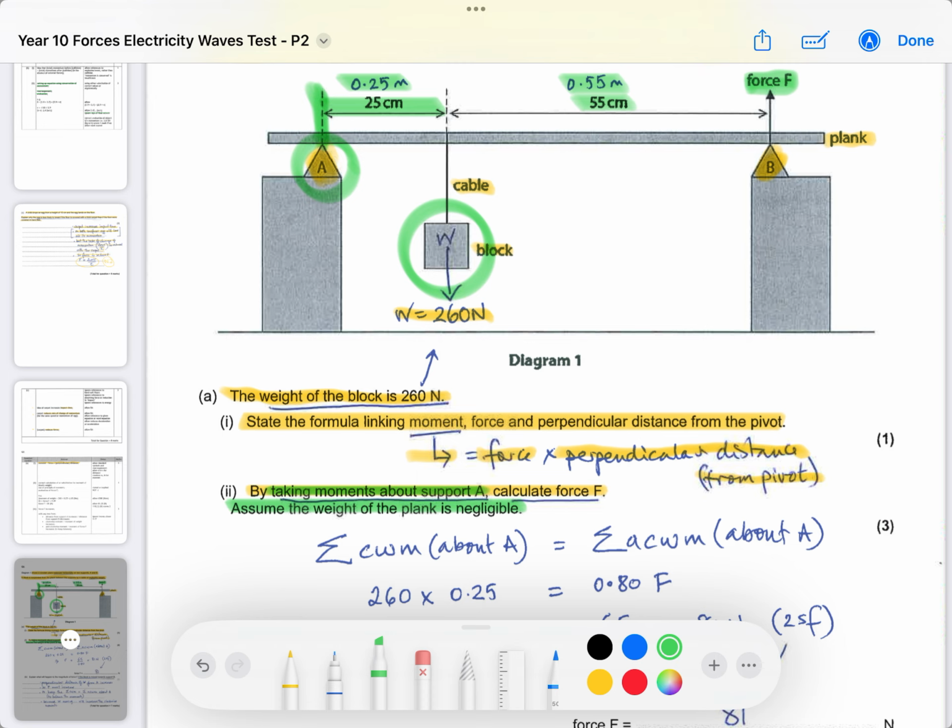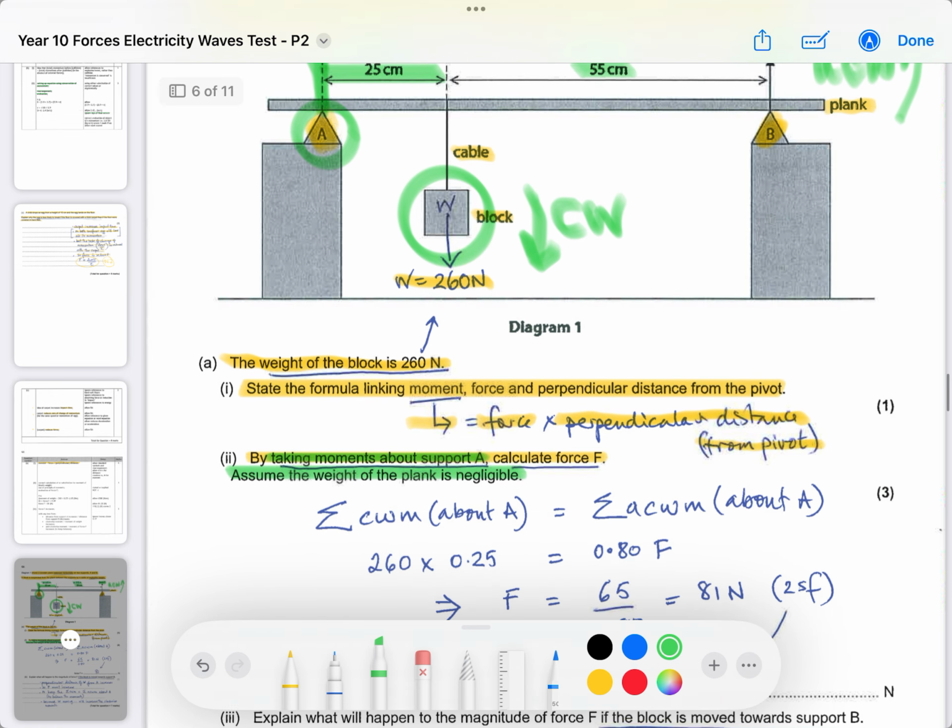So W is turning it clockwise, so I call it CW. And F is going anti-clockwise, if you know which direction an old-fashioned clock rotates in. Okay? So anti-clockwise. Remember, the center of the moments is A, so we're rotating around A. Okay? So what you've got to do, remember the distances are in meters.